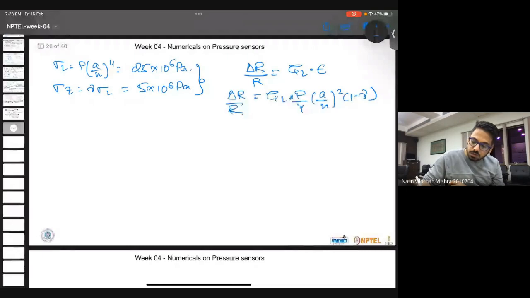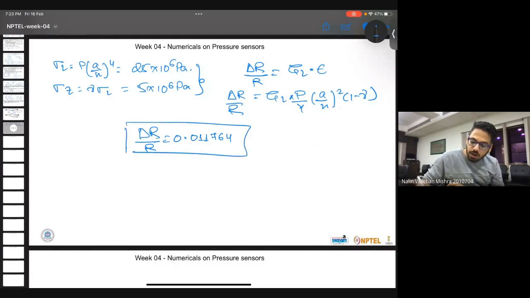So change in resistance by resistance, by putting the values you will get 0.011764, and the output voltage is related by this formula. So after putting this in here, V naught will be 0.0111118 volts.